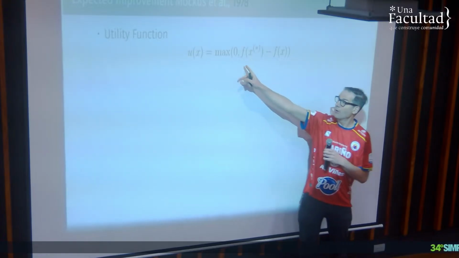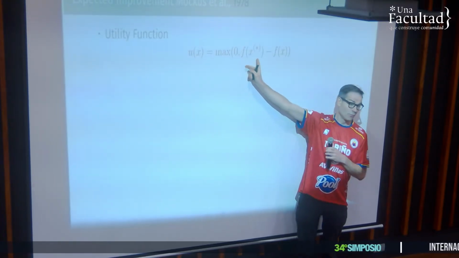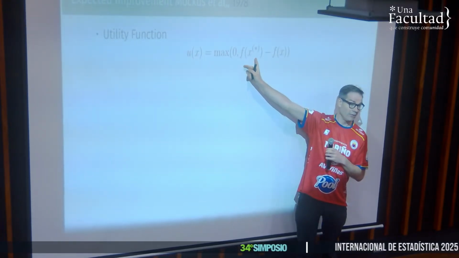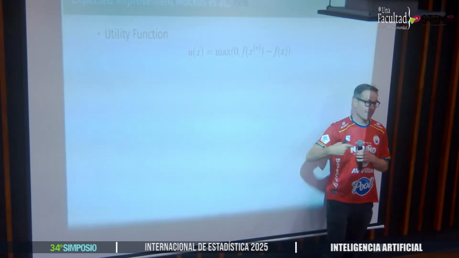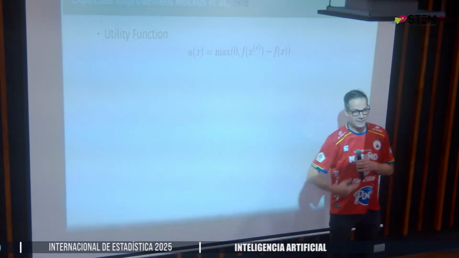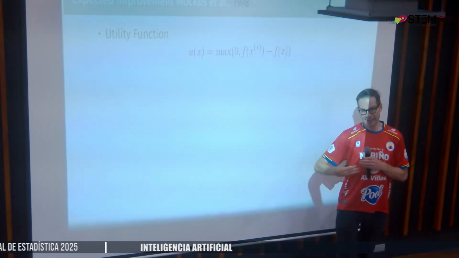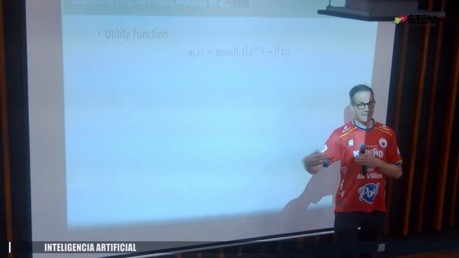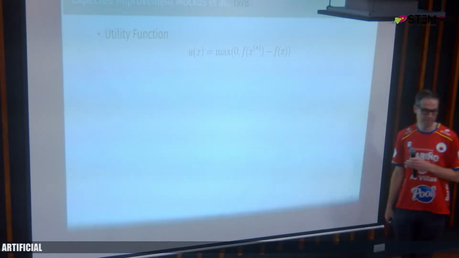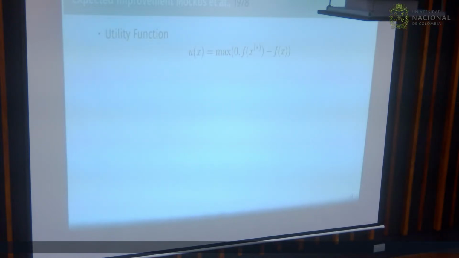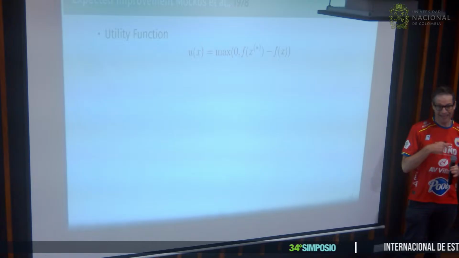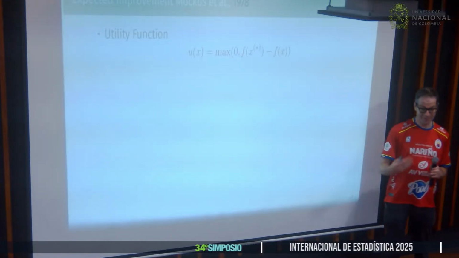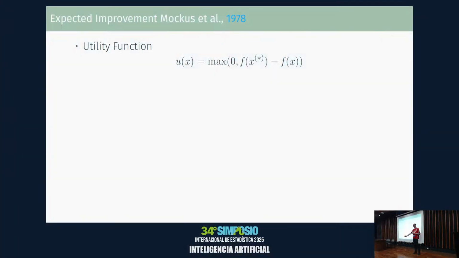I'm going to say that observing anything that's worse than the lowest value has zero utility. And everything I expect to be better has a utility that's scaled by how much better I think it is. Okay? This might not be right? We all know this if we go back to any training that we do with people. Sometimes doing worse is actually a very good step to doing better.